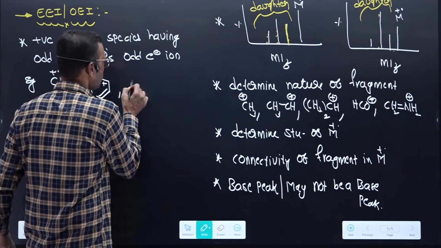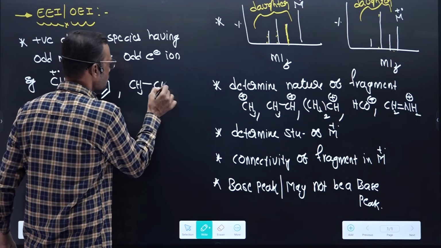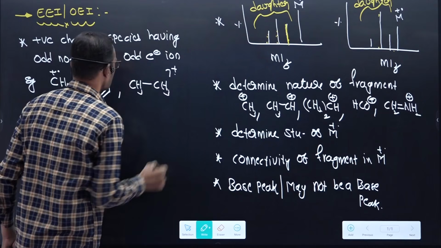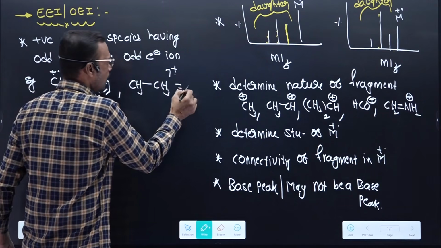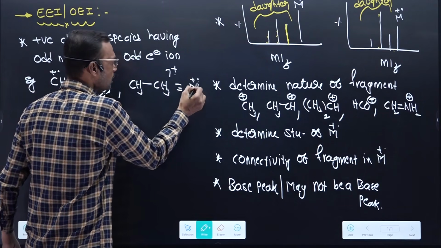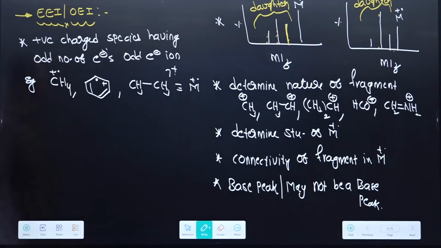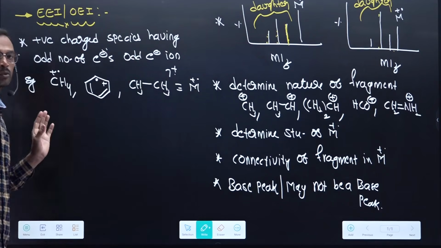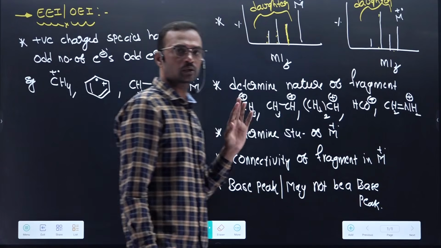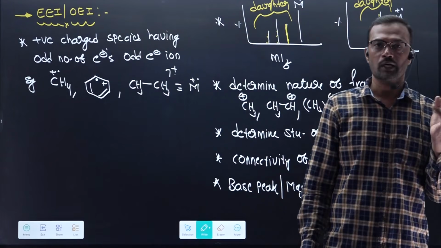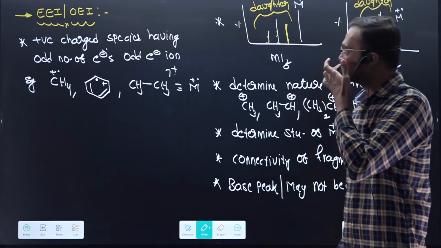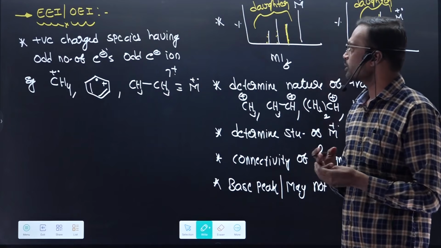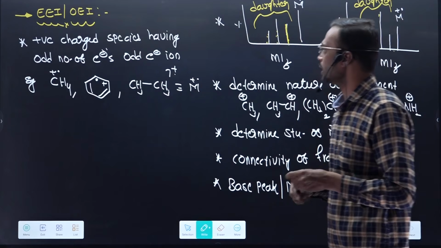Many examples you can write. Most molecular ions belong to this case. Every time remember, all molecular ions, especially those coming from organic molecules, belong to odd electron ions. Listen carefully, it is a very important topic. If you understand this, you can understand the rules regarding mass spectrometry. A positively charged species having an odd number of electrons is an odd electron ion.